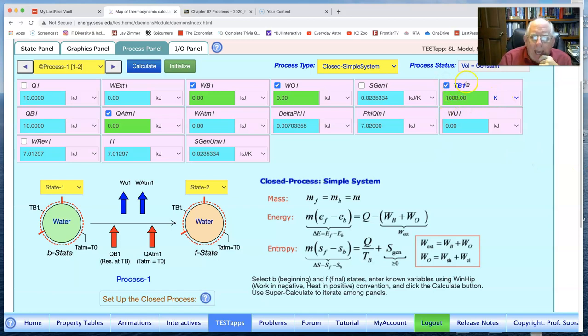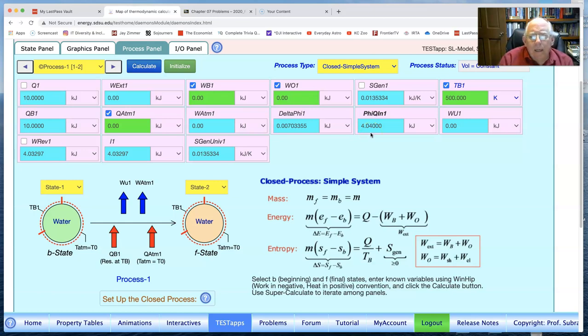Okay, so we had to put in this boundary temperature. If the problem had said that the boundary temperature was at 500, and if I do a recalculate here, you see that that number changes because 1 minus 300 approximately over 500 is the multiplier for the 10 kilowatts to give us how much exergy came in due to heat transfer.